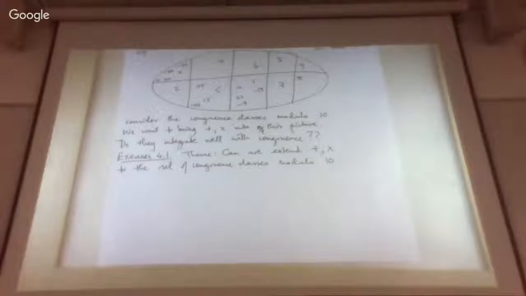That's the question hovering in the background for all of these 6 separate results in exercises 4.1. And they're cumulative, so they're going to build up to the final result.